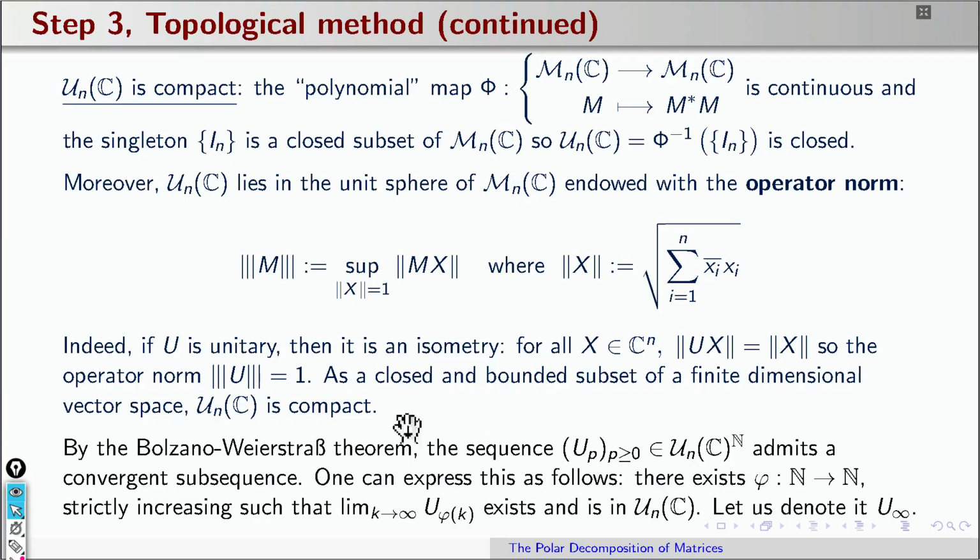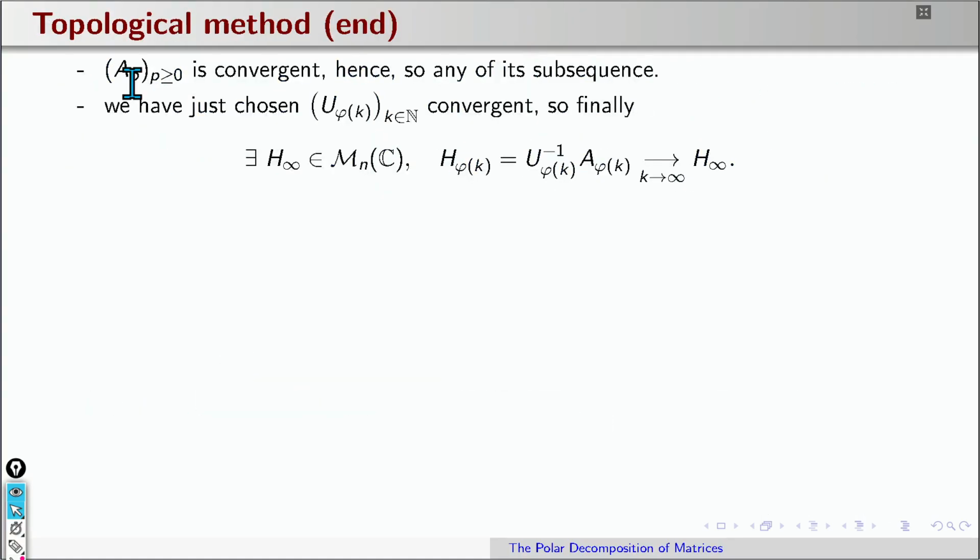It's compact. By the Bolzano-Weierstrass theorem, we can extract a convergent subsequence. We write like this. We choose some indices, and the limit that we call U infinity is still a unitary matrix, so still by this theorem. So now we have chosen a sequence that converges to our matrix A. So any subsequence is also convergent.